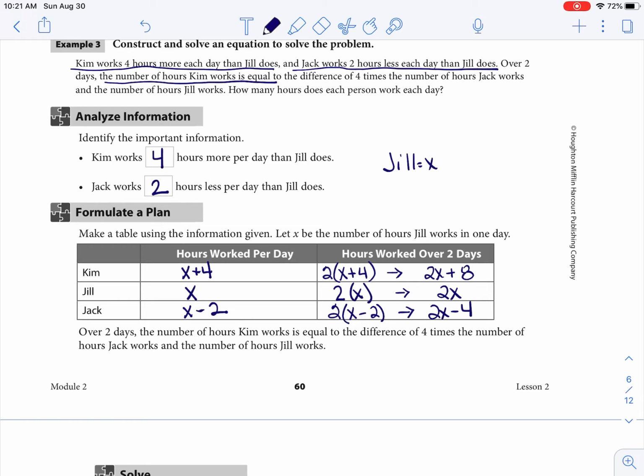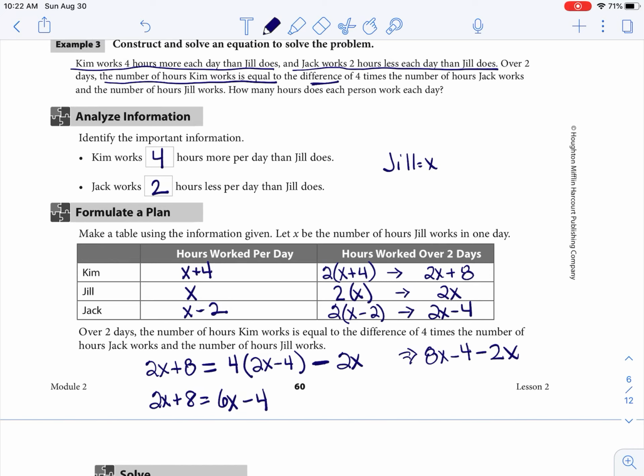So 4 times the number of hours that Jack works minus Jill. Okay, and so if I work this out, it's still the 2X plus 8 on the left side. This side of it is 8X minus 4 minus 2X. So if I combine like terms, my 8X minus 2X gives me 6X minus 4.